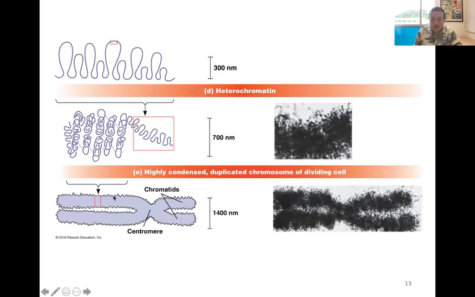So that means during mitosis, that's when you see the next higher level of condensation. Now the DNA is so condensed that it looks like this typical rod shape, or in this case, it looks like an X. Why does it look like an X? Because as part of mitosis, you know this, each one of your chromosomes has to replicate. So you have two copies of the same chromosome, and eventually one copy is going to go to one daughter cell.